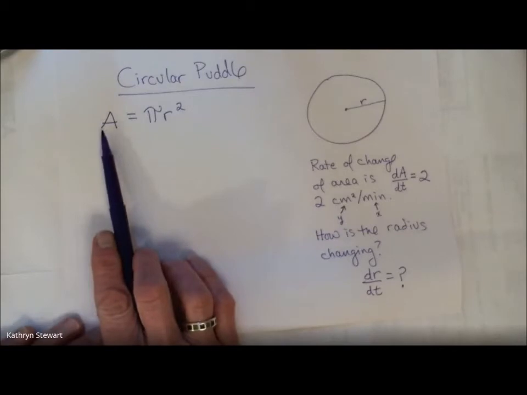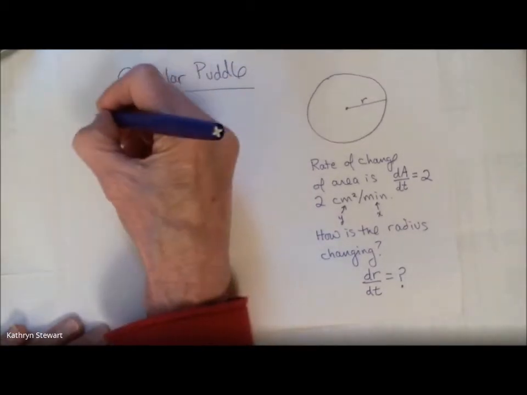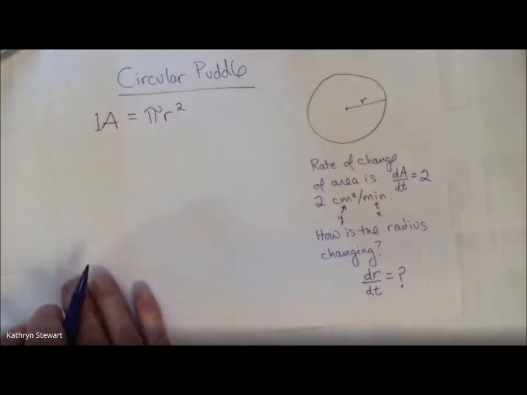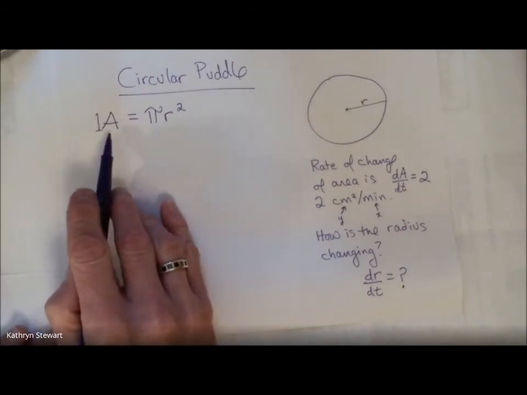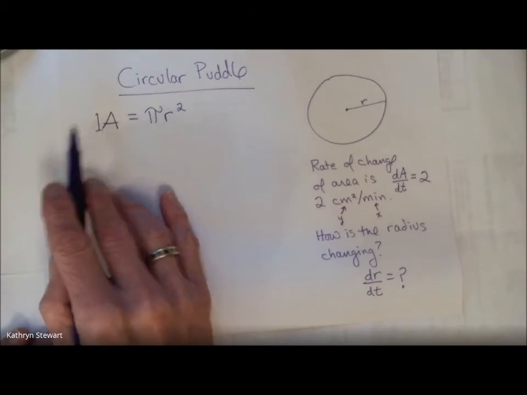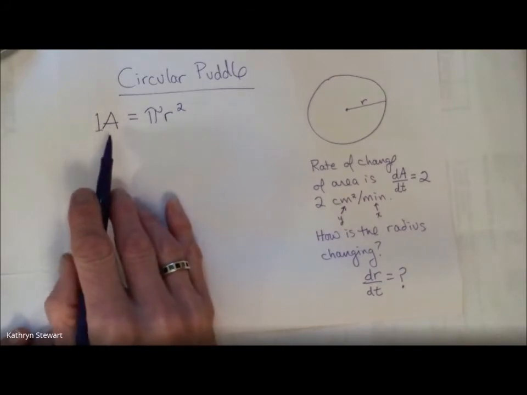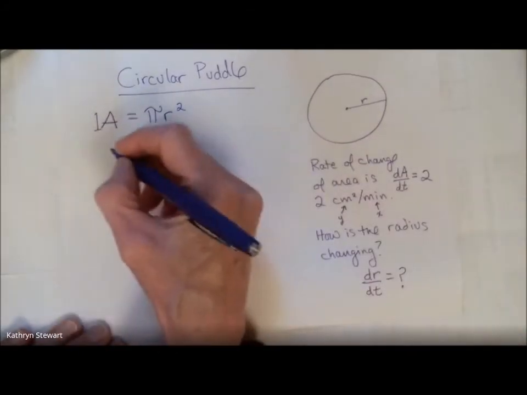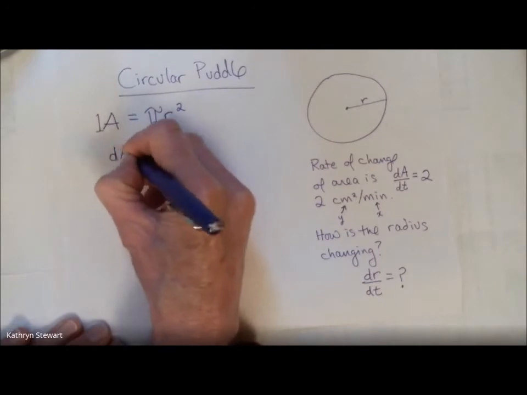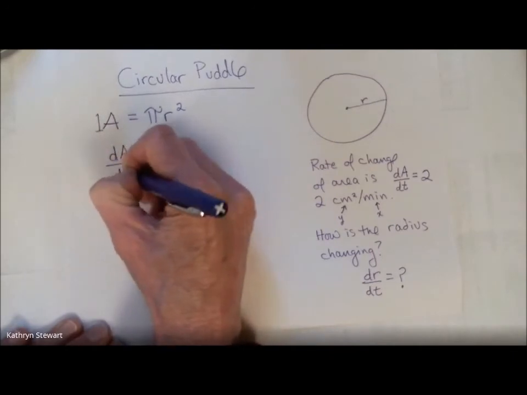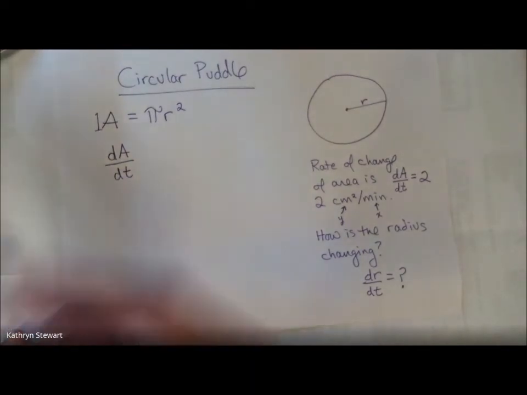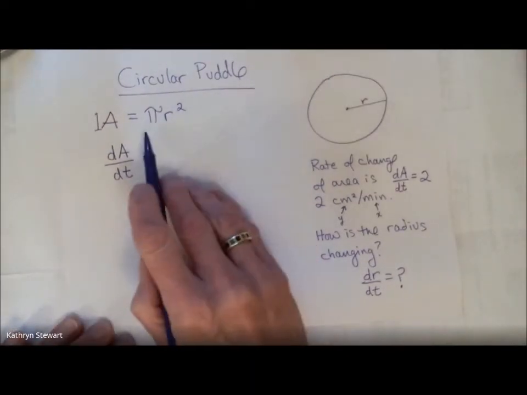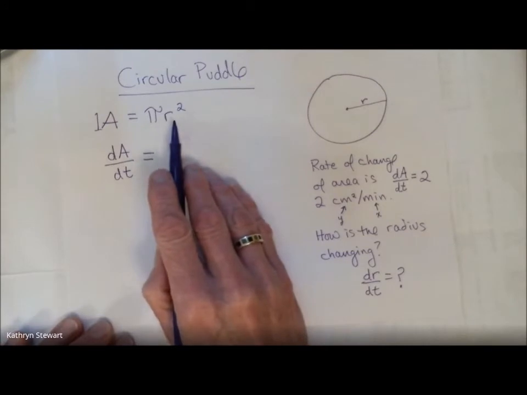What's the derivative of A? Well, you can think of it as having an invisible coefficient of 1. So if this were a y, what's the derivative of y? Y prime, right? So the derivative of A is going to be A prime. And I'm into Leibniz's notation today, so instead of saying A prime, I'm going to say dA/dt. All right. What's the derivative of pi r squared with respect to time?